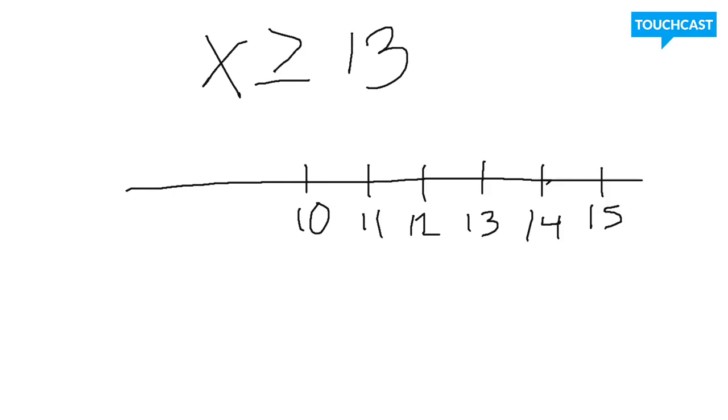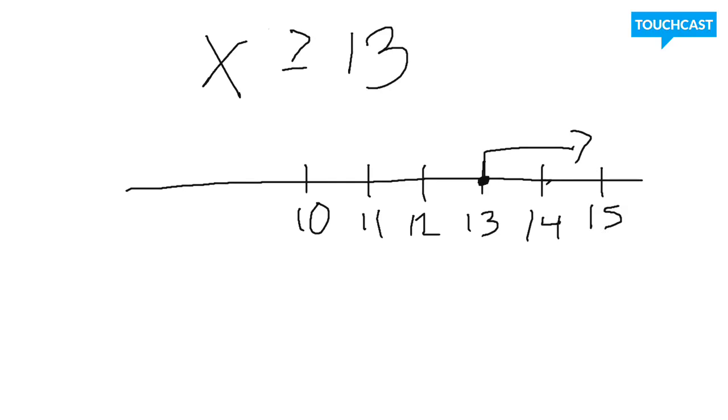Let's pretend for a moment, I'm just going to erase this piece right here. Let's pretend on this number line I was just going to write x is equal to 13. Well, that would be easy. I would just put a little dot at 13. Well, it's the same deal. We're saying it's equal to, but in this case, it's greater than or equal to. So we know it can not only be 13, but it can be more than 13. So it could be 14, it could be 15, it could be 2,185.